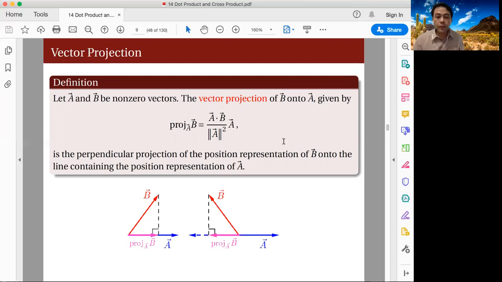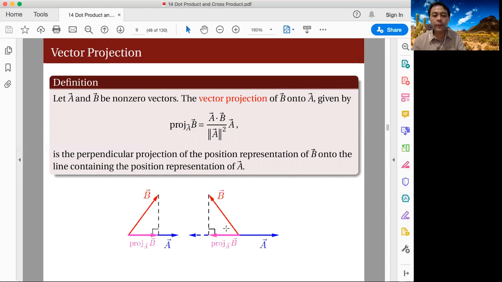Now take note that the projection can be done in two ways. So if the two vectors form an angle which is acute, then the projection will be in the direction of A. Okay, so this is our first figure here.